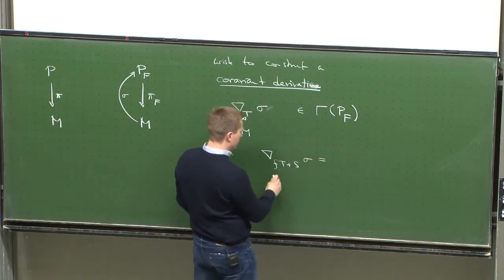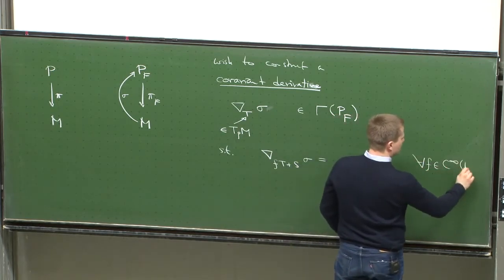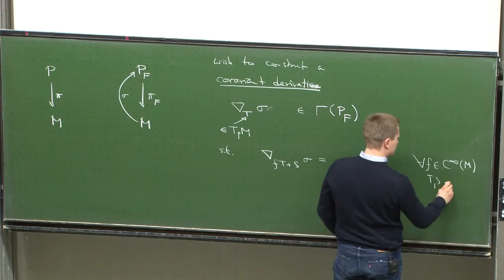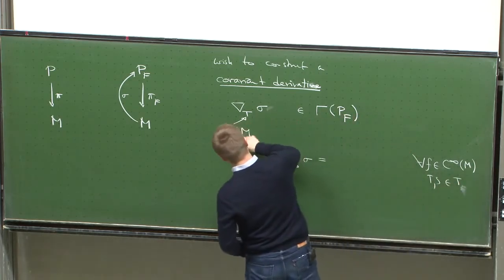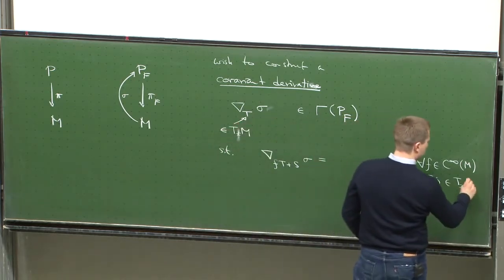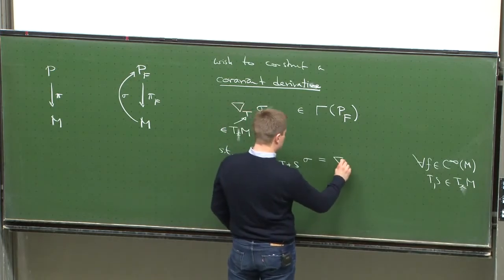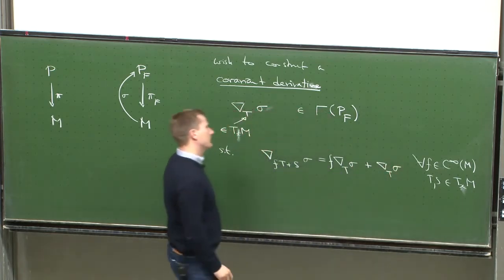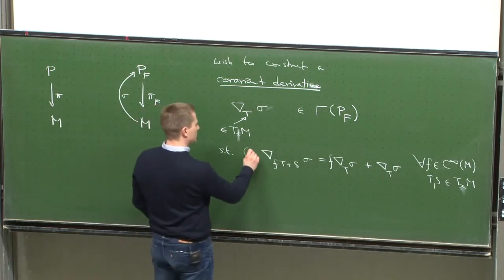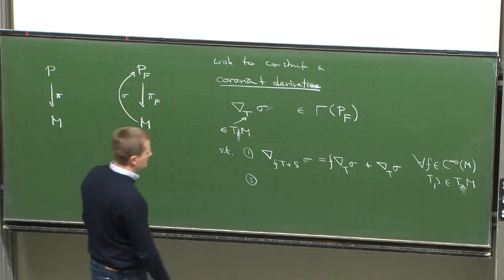So if there's some function f that comes from C infinity on M, and t and s are vectors at the same point in the base manifold, then this is f times nabla sub t of sigma plus nabla sub s of sigma. So this is one rule we wish to establish, or we wish to have satisfied by our construction.